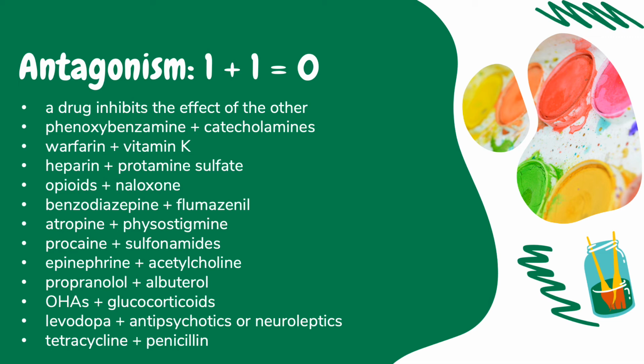Examples of these pairs are phenoxybenzamine with catecholamines, warfarin with vitamin K, heparin with protamine sulfate, opioids with naloxone, benzodiazepine with flumazenil, procaine with sulfonamides, epinephrine with acetylcholine, propranolol and albuterol, oral hypoglycemic agents with glucocorticoids, levodopa and antipsychotics, and tetracycline with penicillin.